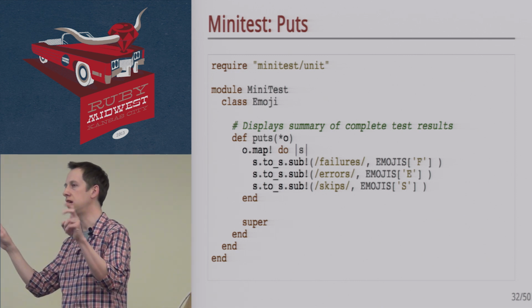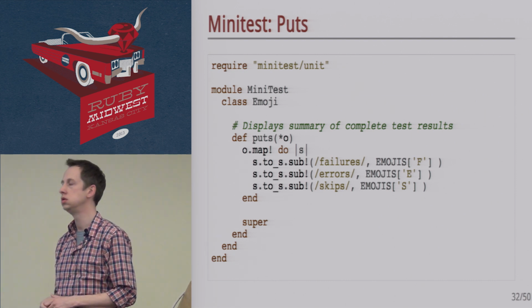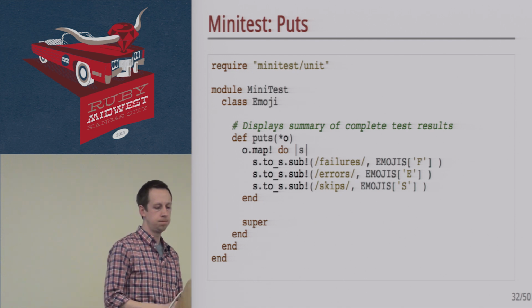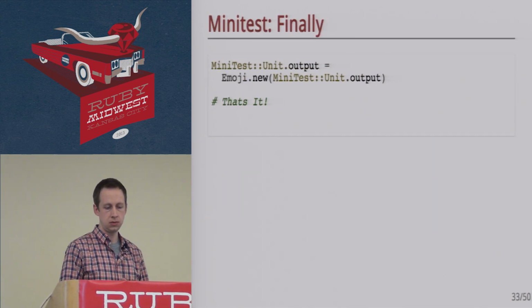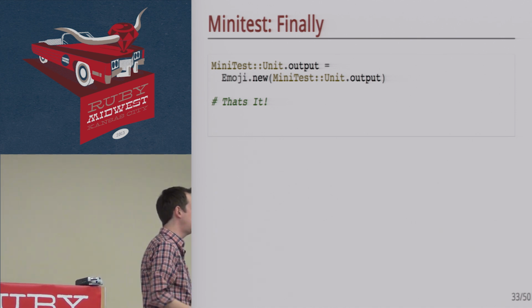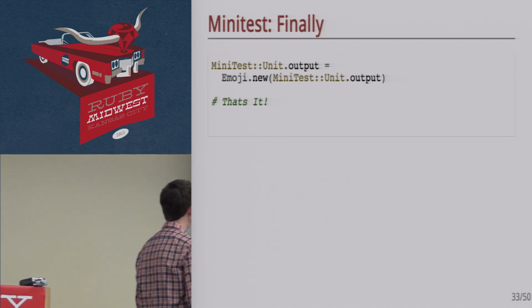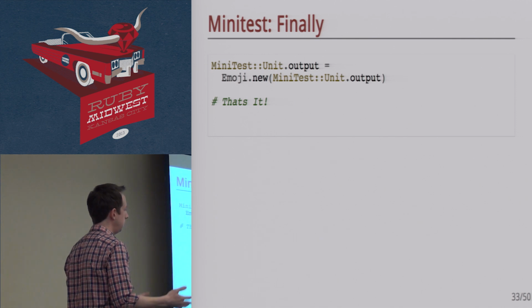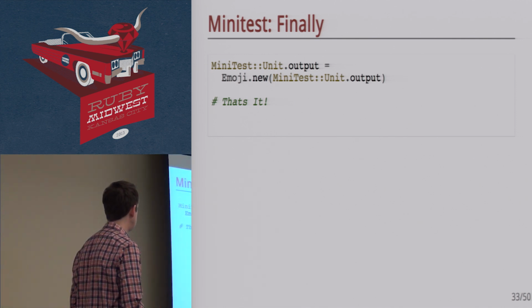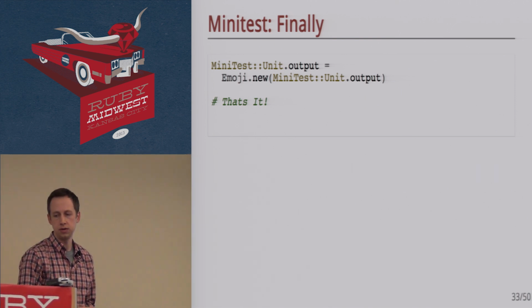Here we're replacing failures with our emoji, and errors with our emoji, and so on. And this is the final step. We just have to tell MiniTest to use our output instead of its default output. So here we're saying, MiniTest, use this output for running your tests and for reporting your tests. And that's it. Pretty simple.